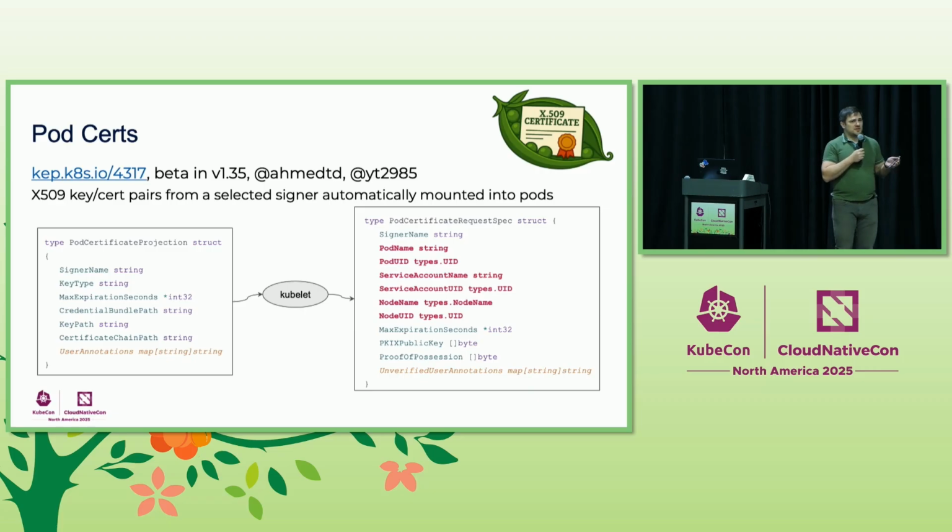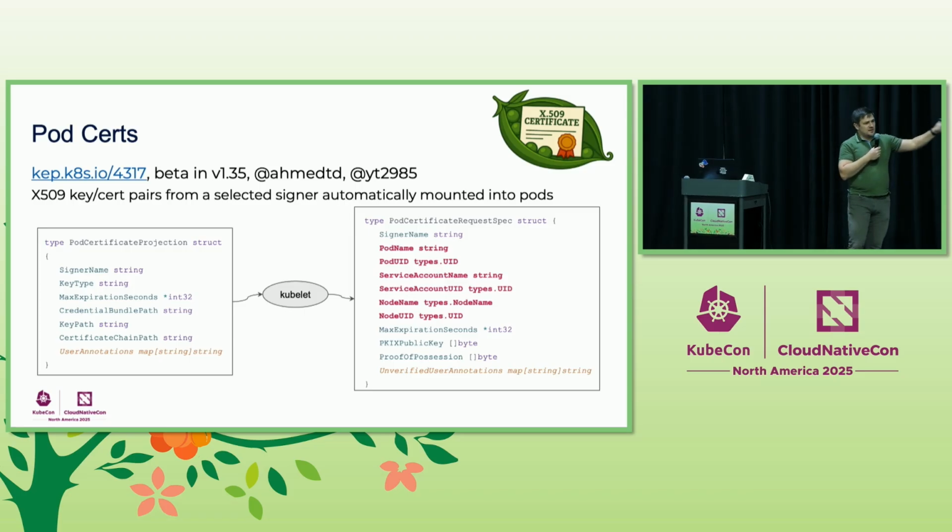And you do this by just specifying a new type of projected volume called pod certificate into your pod's volumes. And so basically what you do is you choose a signer, which will dictate what kind of certificate this will be, right? It might be a client certificate, it might be a server certificate, what have you.